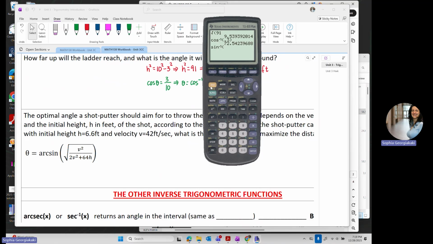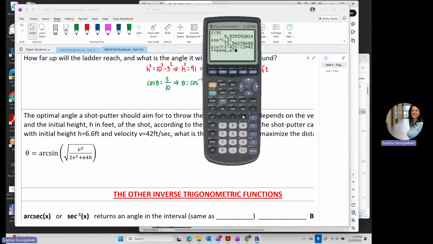And then in the expression, I need the square root of, and I need v squared in the top, so 42 squared, divided by, and for the denominator, I have a full expression, so I need to put it in parentheses, 2v squared, 2 times 42 squared, plus 64h, 64 times 6.6.